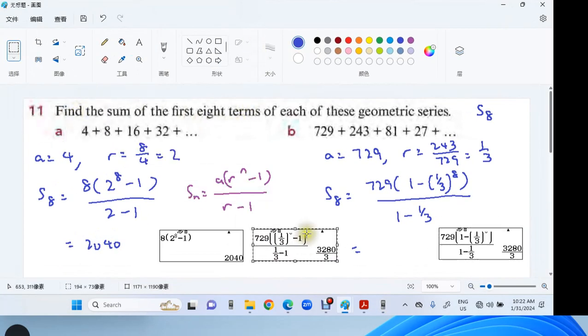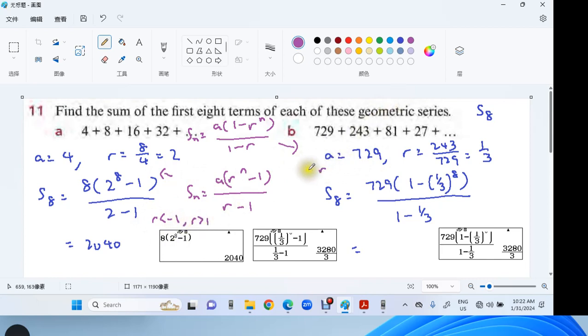So if you are not sure whether you have to use the Sn equal to a, 1 minus r power n divided by 1 minus r, for this case the r is less than -1 or greater than 1, and for this one the r is between -1 and 1. You just use either one. Both will give you the same answer. No problem.